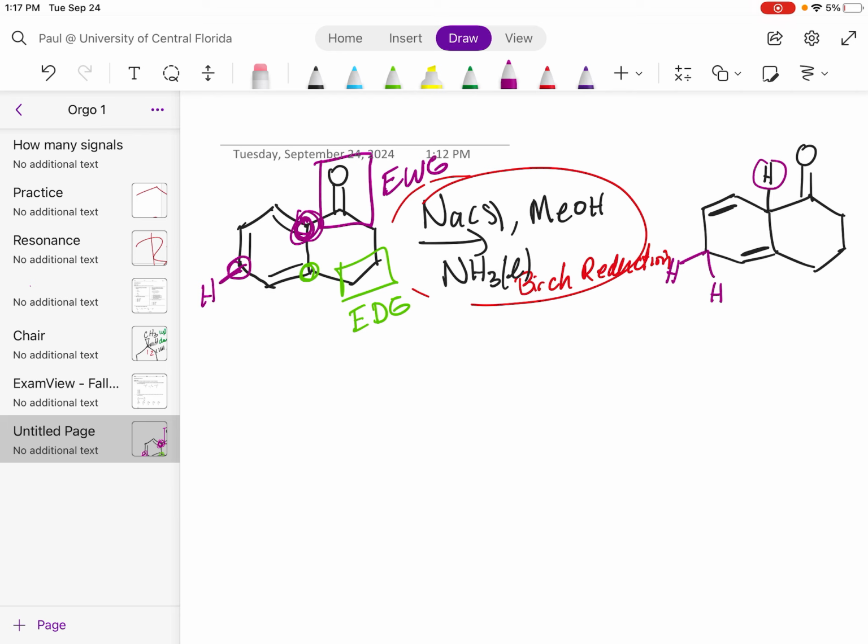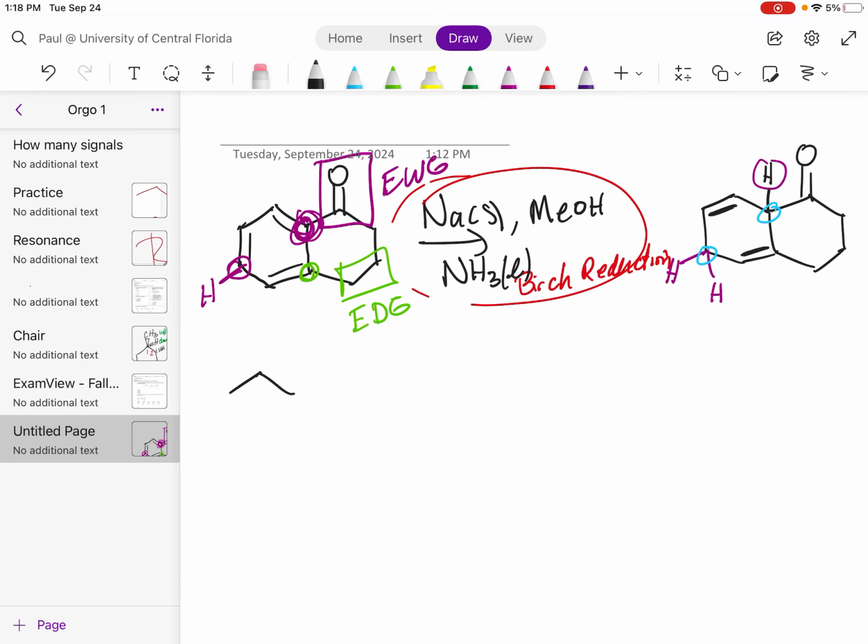And if those are the carbons that are adding hydrogens, then I know I have to get a lone pair on this carbon and that carbon at some point of the reaction, because it's the lone pair that is going to be used to abstract a proton off of methanol. So let me demonstrate what I mean by that.